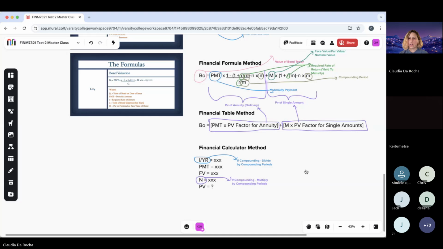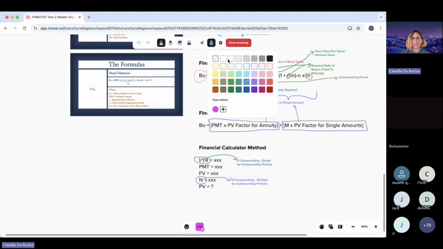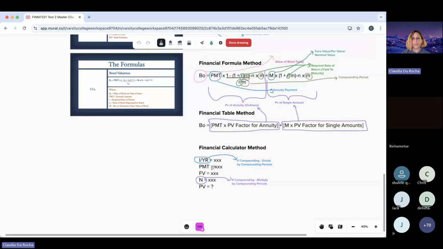And then it says, do we type the PV as a negative and calculate the value of the bond today? Yes, that's a valid comment, and I'll note that here. When we are calculating using the calculator, it depends what you're calculating.